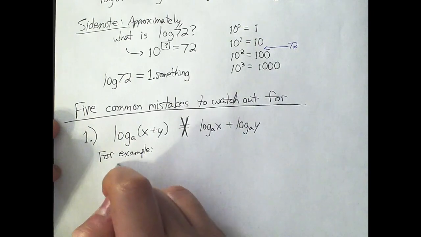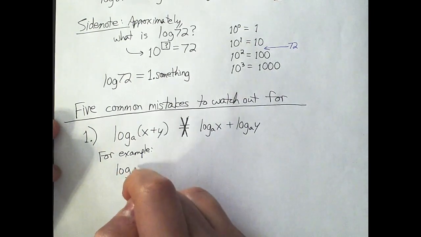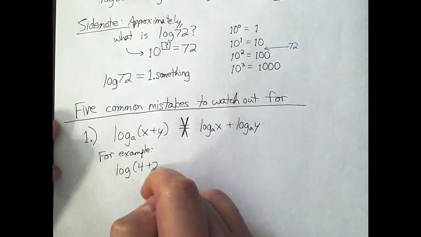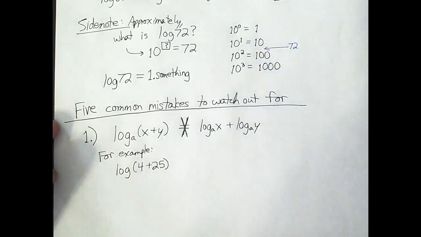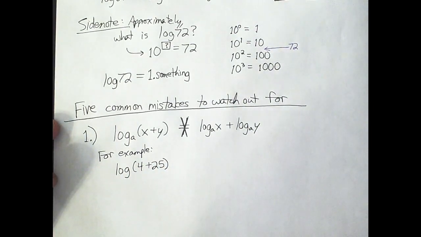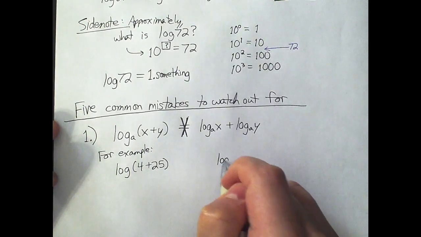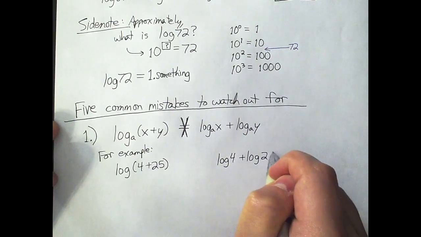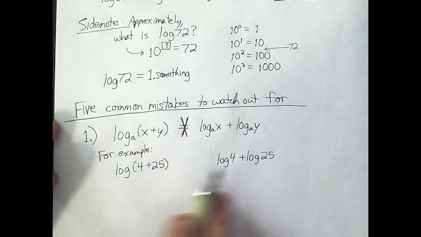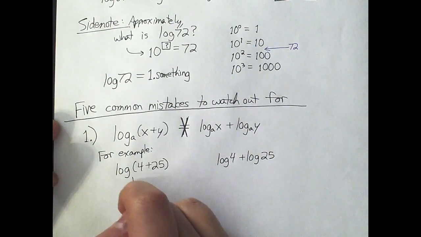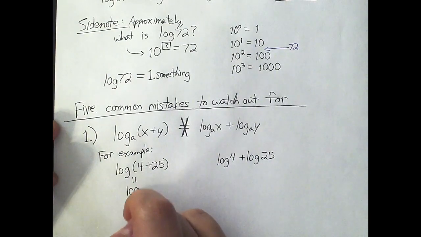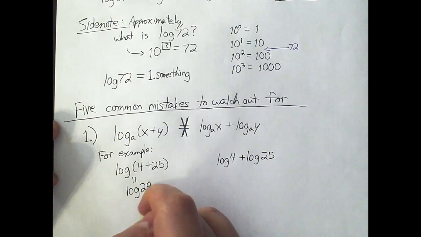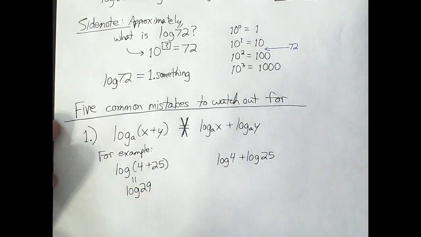I'm going to show you an example. Let's say I had log of 4 plus 25. The question is, does that equal log of 4 plus log of 25? Are these things equal to each other? Well, on the left, I could just say this is log of 29. 4 plus 25 is 29.